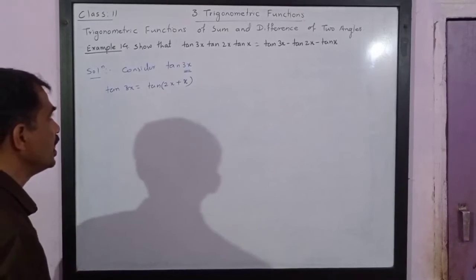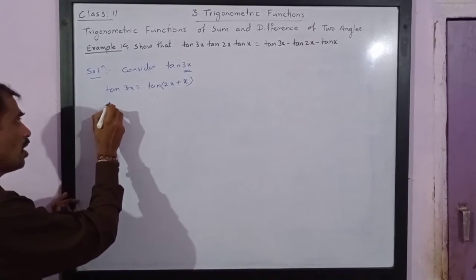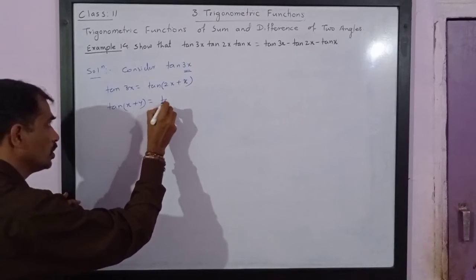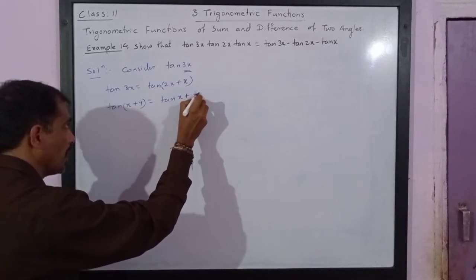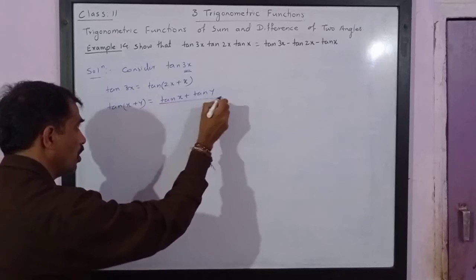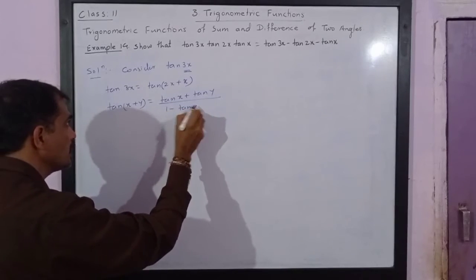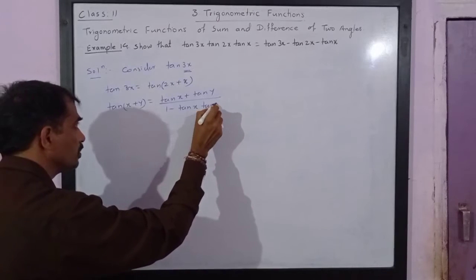Now we have one identity, tan of x plus y is equal to tan x plus tan y upon 1 minus tan x tan y.